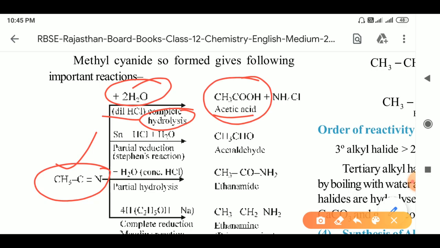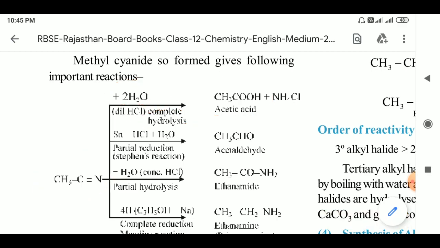These reactions are very important for conversion. After the hydrolysis of CN, it gives acetic acid. This is a complete hydrolysis reaction. Now the second reaction, partial hydrolysis.